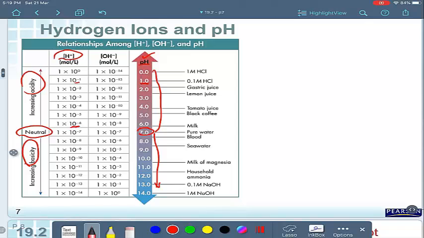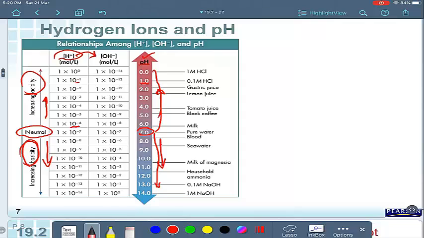So pH is opposite to H+ concentration. The concentration of H+ increases, but the pH decreases. At this moment it's acidic. The H+ here decreases and pH increases, it means basic. The opposite of H+ is OH-.